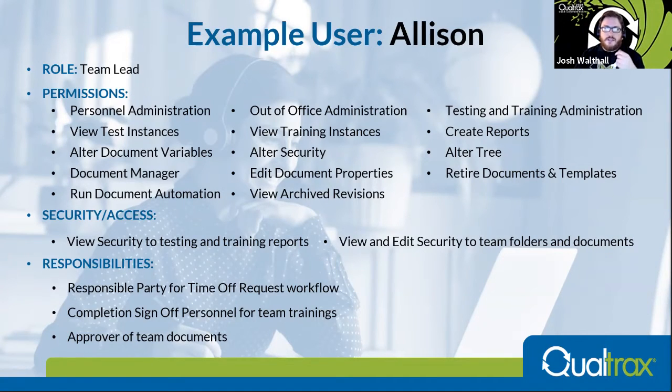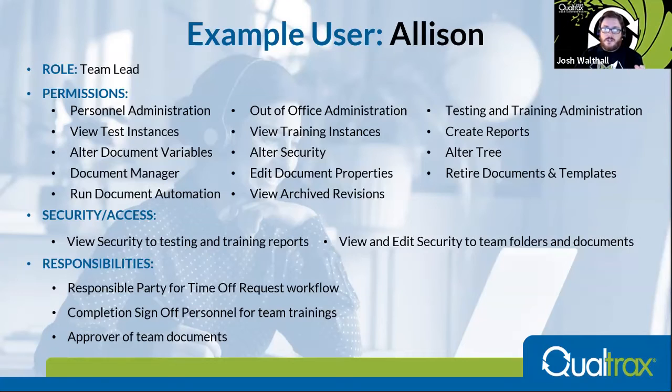Additionally, she needs the testing and training administration permission to be able to create and assign tests and trainings to her staff, and to set herself as the completion sign-off personnel for trainings specific to her team, as well as the view test instances and view training instances permissions to be able to review completed tests and trainings for members of her team. Allison also needs view security to the testing results and training matrix reports, as well as the create reports permission to create new custom reports around activity within her team.